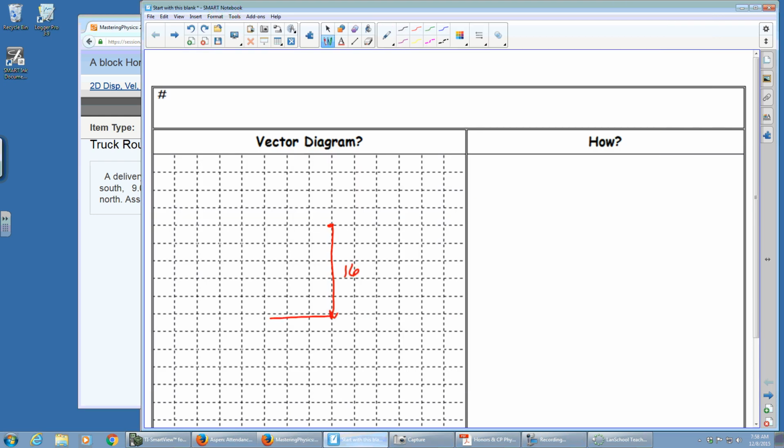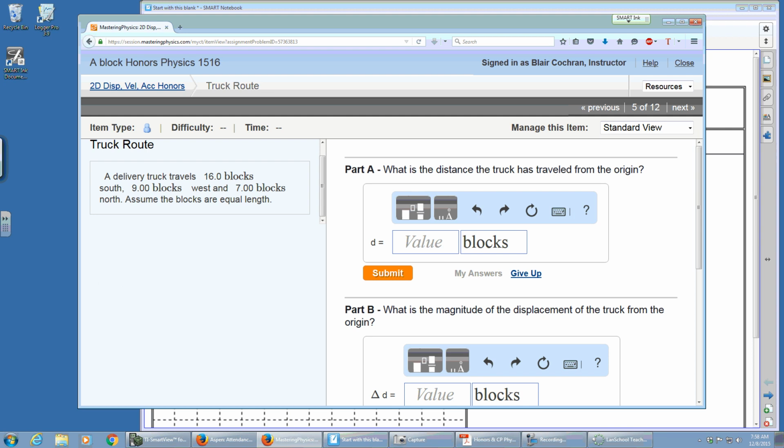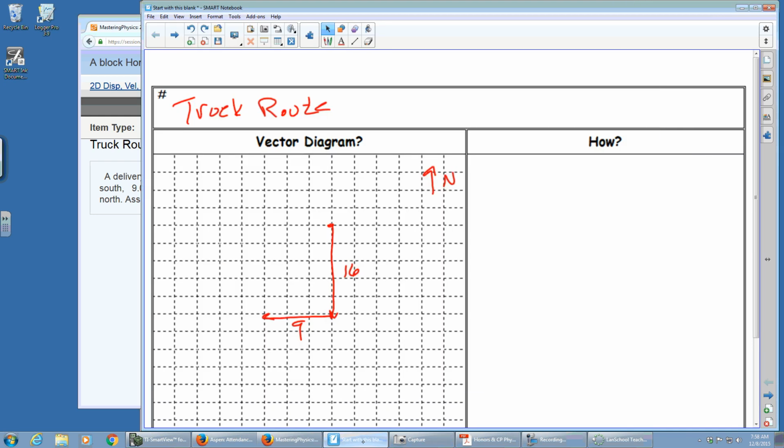So about that far west. This, of course, being north, right? And then 7 blocks north. So that's my route, right?